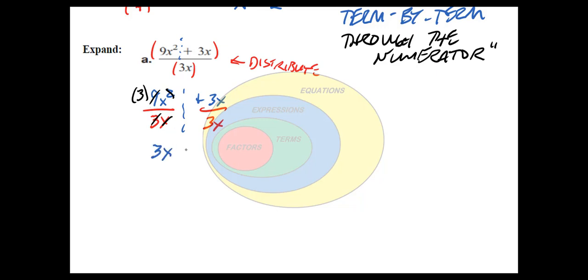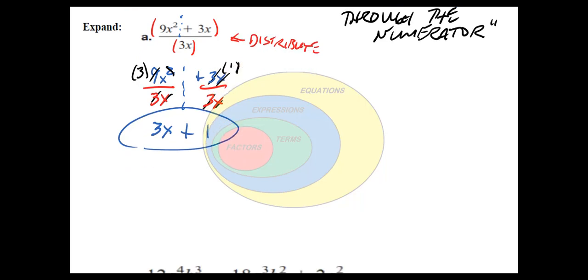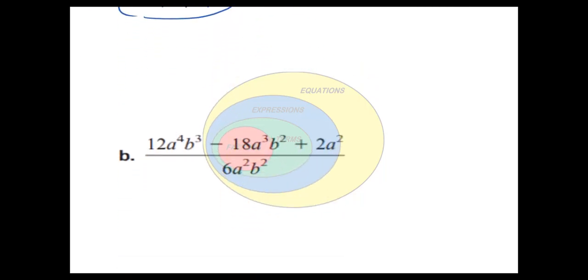The right term, everything cancels, the 3's cancel and the x's cancel. And remember, these are fractional factors of 1, so we're always left with a factor of 1. So then this would just be plus 1. Again, we're distributing the factors of the denominator through the terms in the numerator.